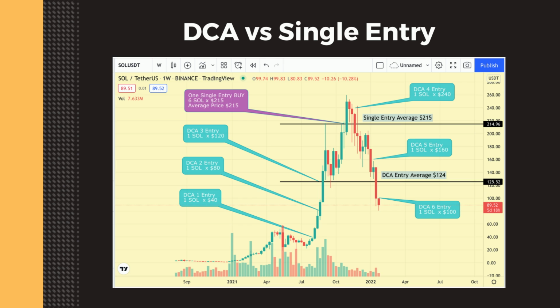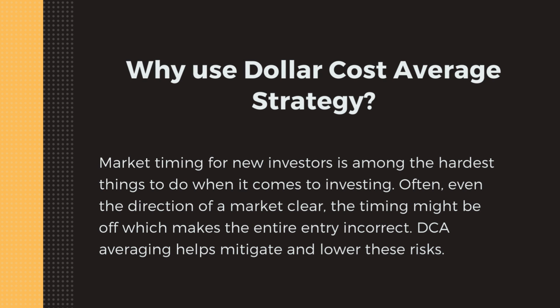So as you can see on this chart, the benefit of dollar cost average strategy by entering markets at different price levels, different times, we are lowering our average buy price. Why we use dollar cost average strategy? It's all about market timing for new investors, as it's among the hardest things to do when it comes to investing.